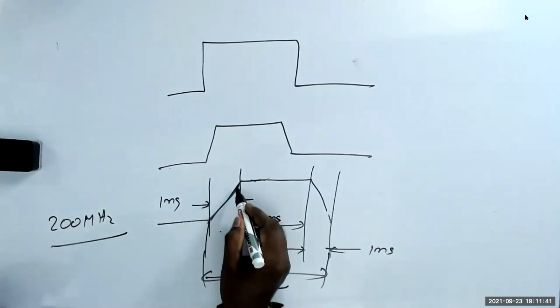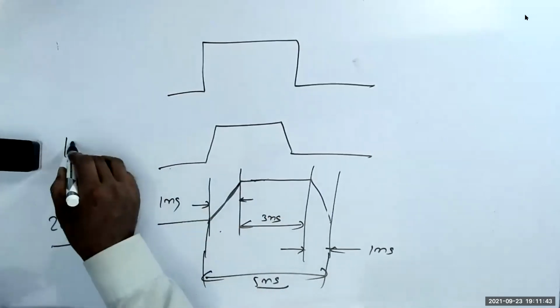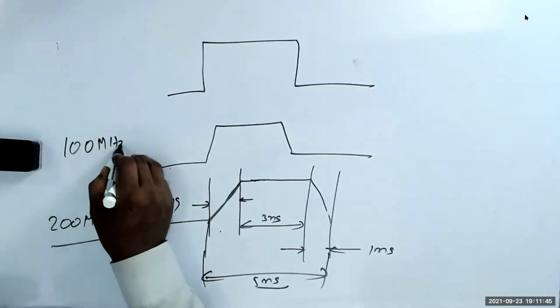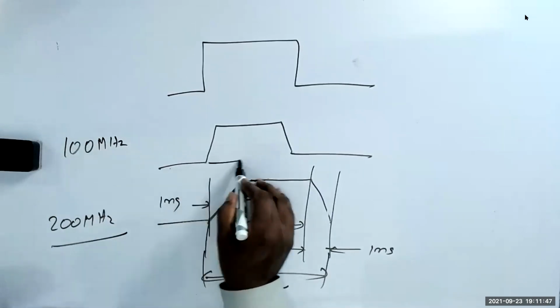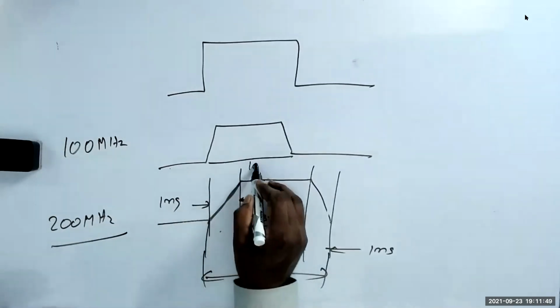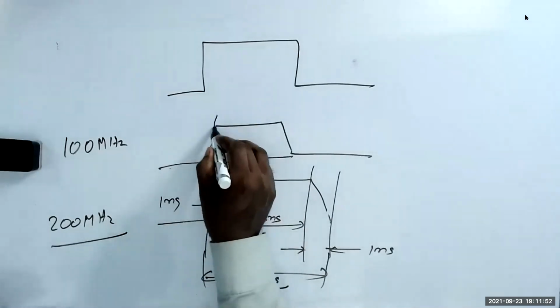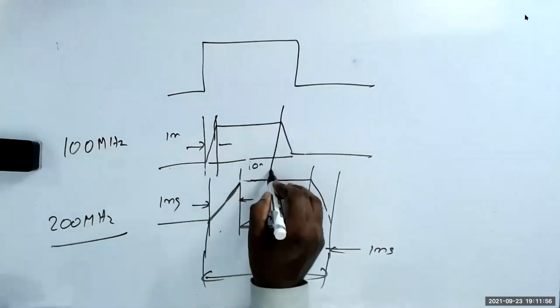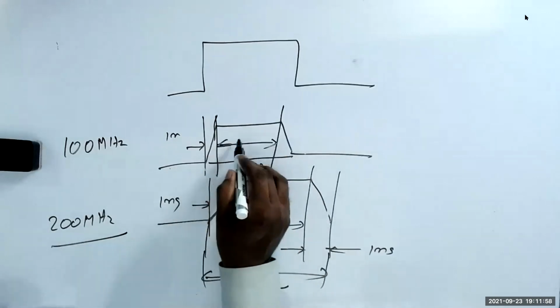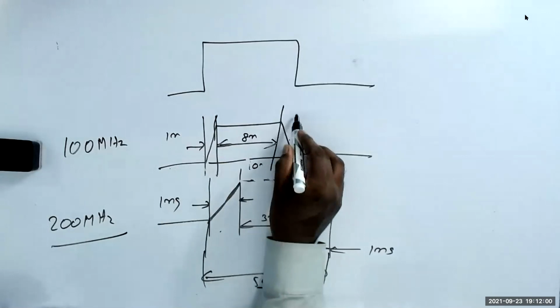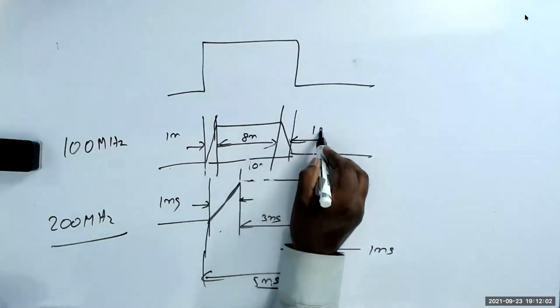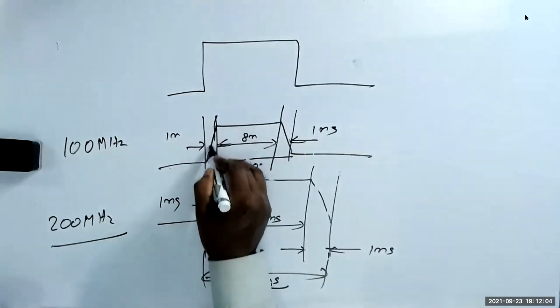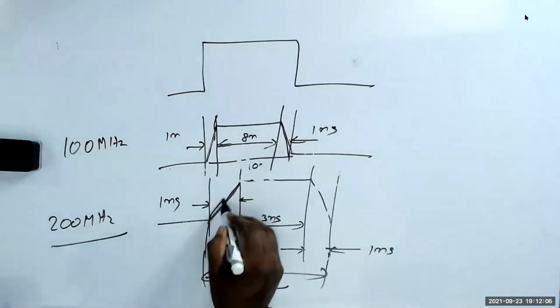That's why we put a slant like this. Let us say I have a 100 megahertz clock. Then this duration is 10 nanoseconds, so 1 nanosecond is small. This is 8 nanoseconds, and this is 1 nanosecond. Now the slanting is too small compared to this.